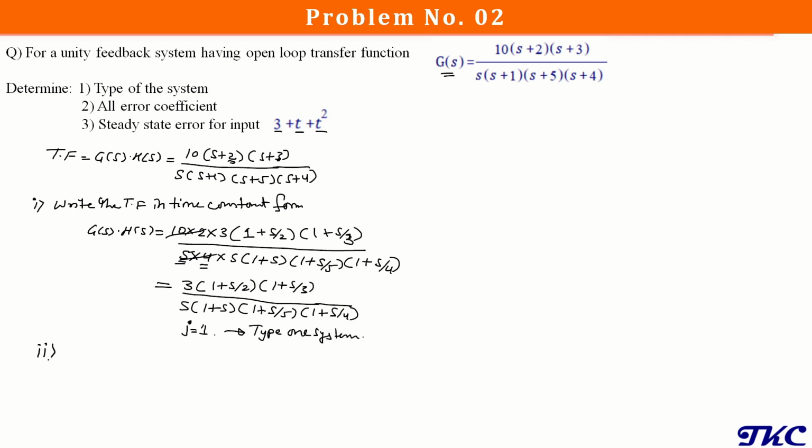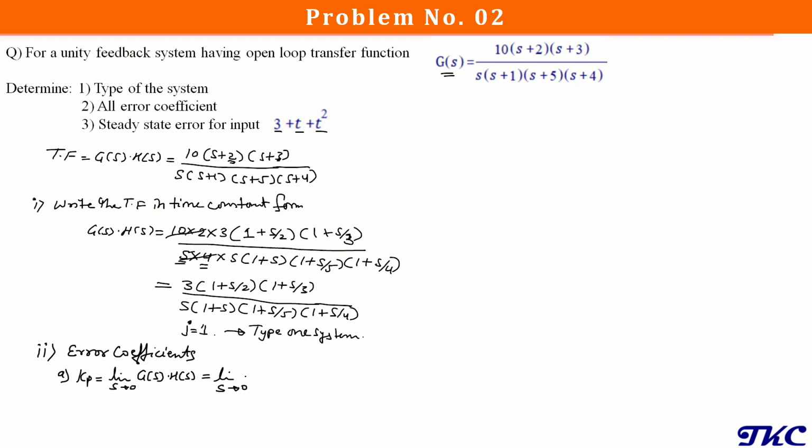Next we have to calculate the error coefficients. First we'll calculate Kp, the positional error coefficient, and it is given by the limit as s tends to 0 of G(s)H(s). Let's substitute the value of the transfer function here.